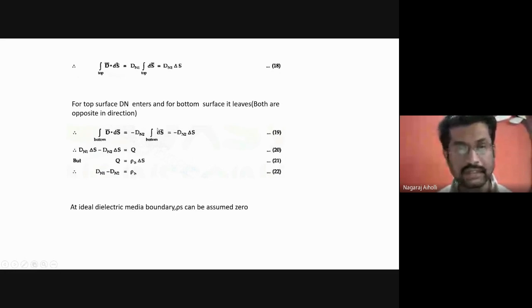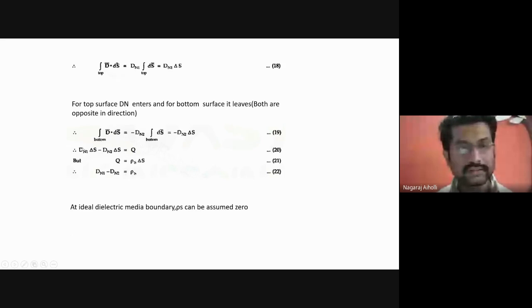Now we have to add these two integrals, because according to our equation number 17, we have to add them. If we add these two, what will we get? The top integral is Dn1 delta s, equation 18. Then equation 19 is minus Dn2 delta s, that is equal to the total charge q. But the surface charge density is charge per unit area, that is q by delta s, or q is equal to rho s delta s.